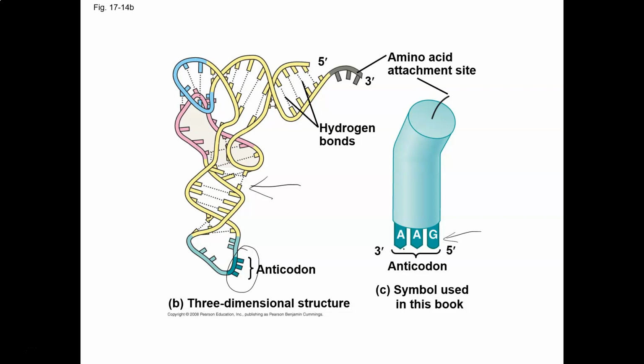And once again, remember that the anticodon is going to bind with the codon in the messenger RNA. So if you've got a messenger RNA down here, what's the codon that it's going to bind to? Well, it would be U, U, C, because A and U, G and C. Remember that there's no T, there's no thymine in RNA.